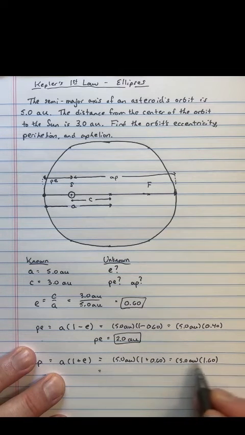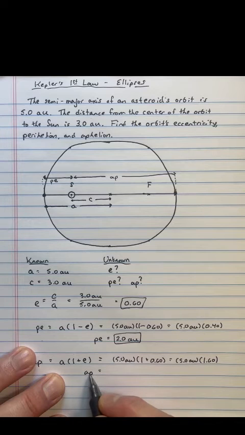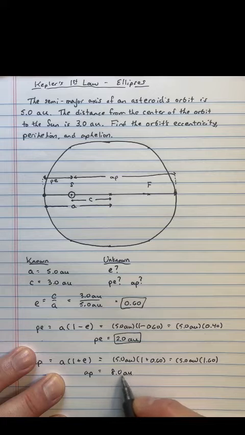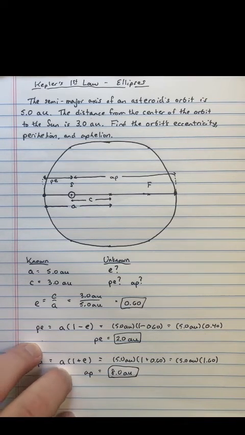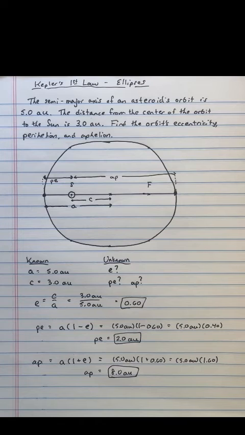So, double check my math, but 1.6 times 5 will be 8 AU. That's something you should always do, by the way, whether it's your professor in class doing a problem, or you're watching a video, whether it's here or somewhere else, and they perform a calculation. Probably should always check the results. Now, granted, in a video, the whole point is that they're showing you the correct answers, right? They're showing you how to do this properly, but it's still a really good idea, not only to double check them, but also to make sure it's correct for your own sake.